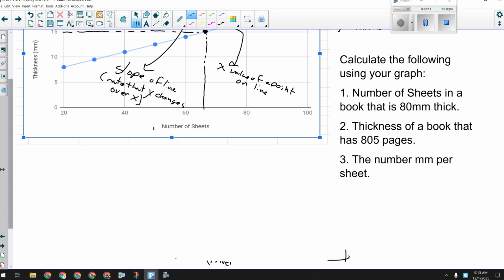Y. It's on the y-axis. So we're being asked to calculate thickness. We don't know what y is. But we are told the book has 805 pages, or 805 sheets. So x, because that's what's on that axis, number of sheets, is 805 sheets.